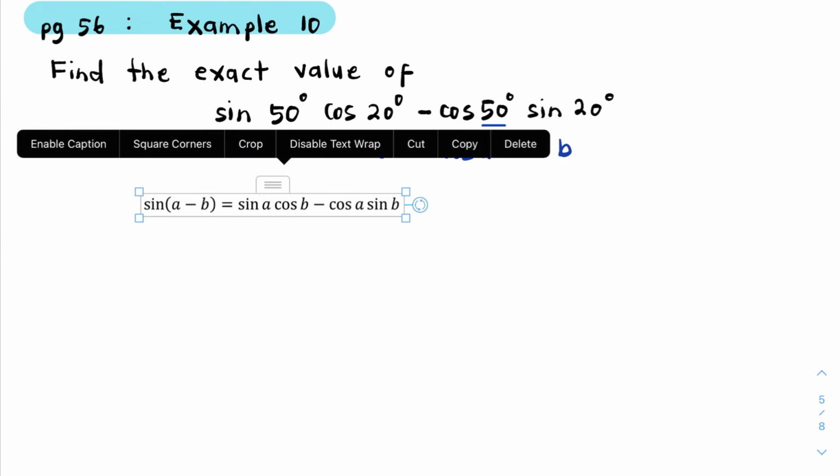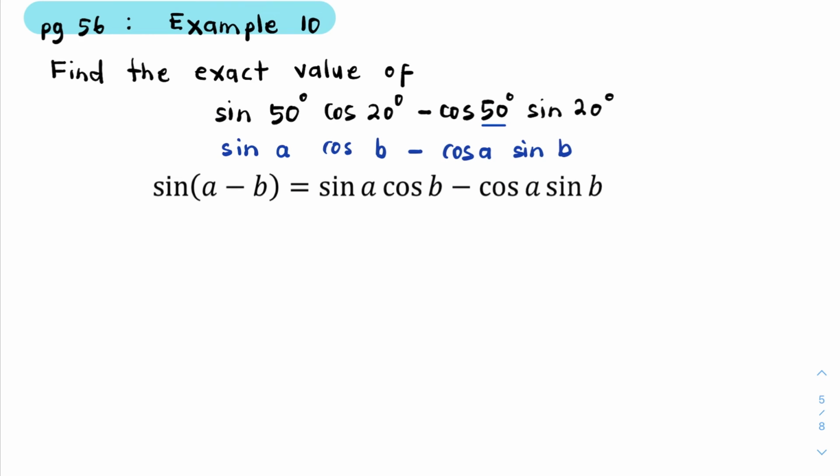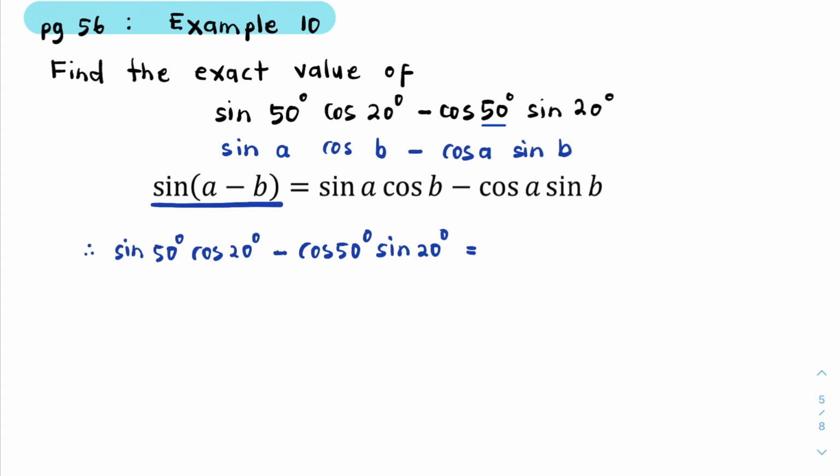So if you compare, you have this. There you can straight away get the answer. You can conclude that sine 50 degrees cosine 20 degrees minus cosine 50 degrees sine 20 degrees is equivalent to sine of A minus B, where your A is 50 degrees and your B is 20 degrees.